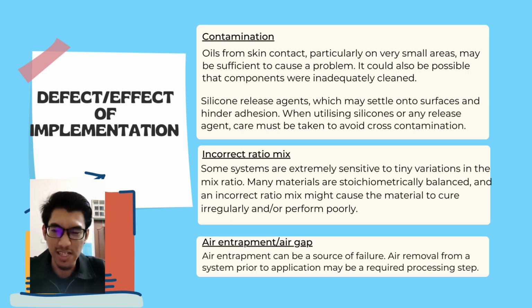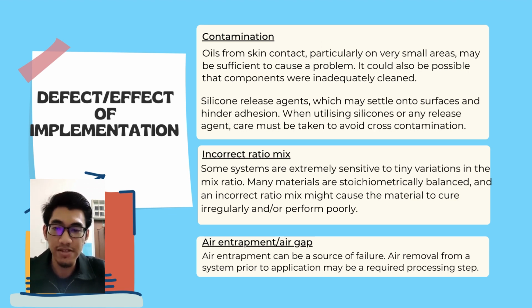Next, for contamination, silicone release agents which may settle on the surface and hide adhesion are another probable source of contamination. When utilizing silicone or any release agent, care must be taken to avoid cross-contamination. As a result, certain production facilities prohibit the use of silicone compounds.